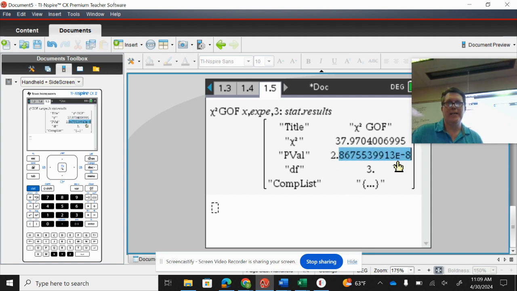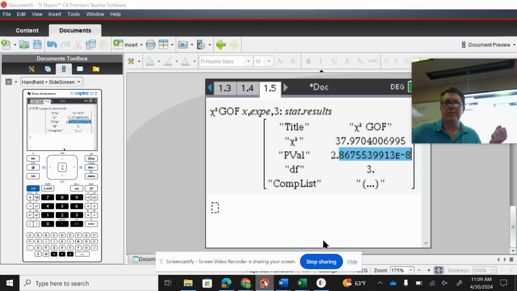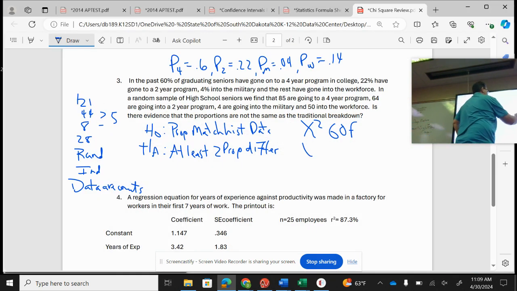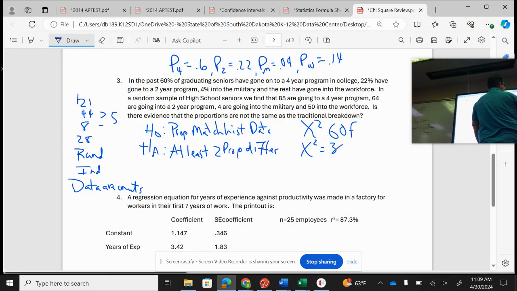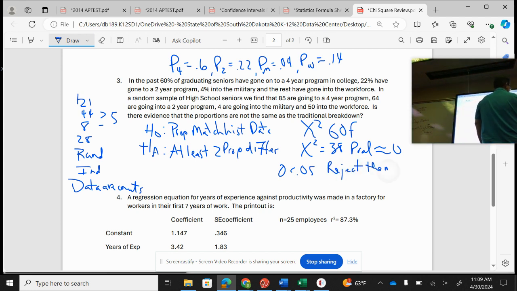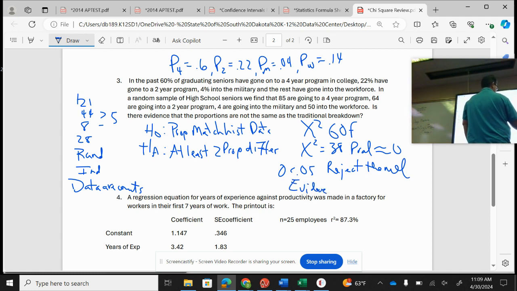It's not 2.86, it's 0.00000. Okay, so that's roughly 0. Hopefully that's happened to you enough times that you're not going to get that wrong. Our chi-squared is 38. P-value is approximately 0. 0, of course, is less than 5%. If it's less than, we reject the null. And we have evidence for HA, which is that at least 2 differ.